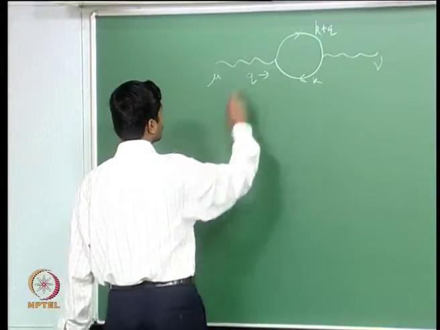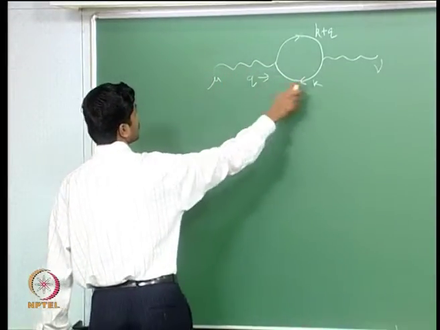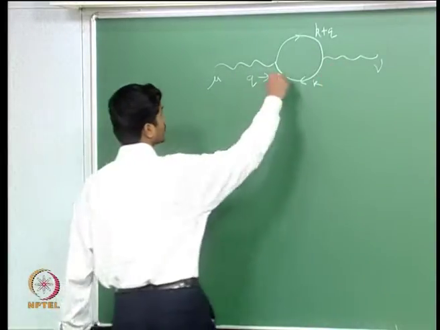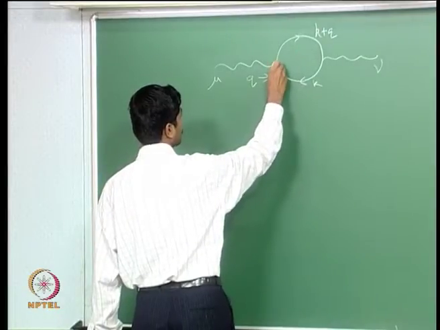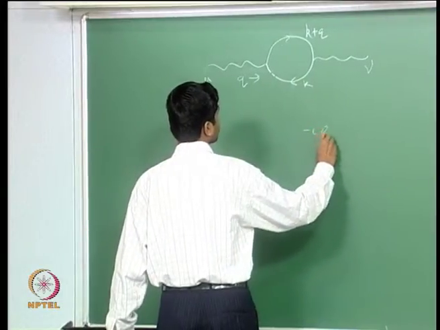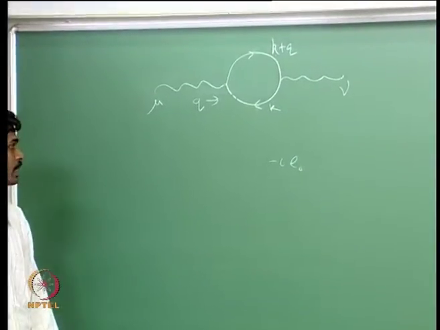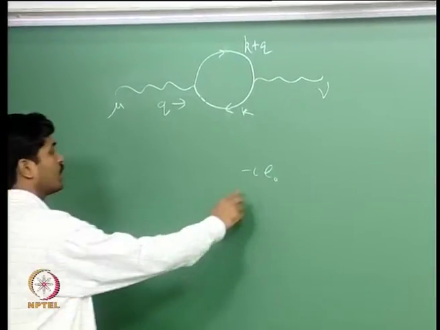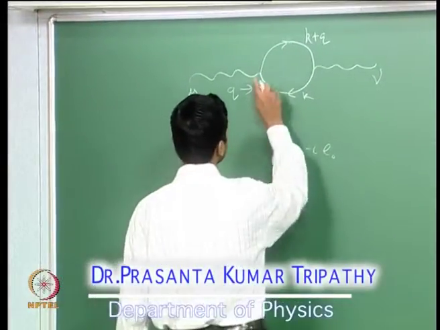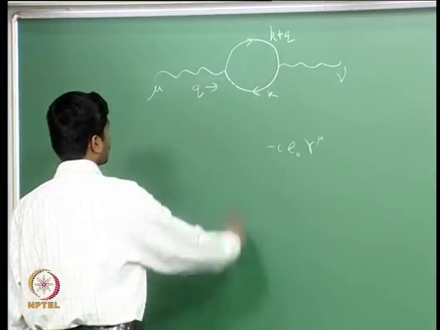So, we can use the Feynman rules. If we forget about these two photon propagators, then the contribution from this loop will be given by, first you have a vertex here, for which I will put minus i e0. In this lecture I will denote e0 to be the charge of the electron instead of e. At the end of this lecture you will see why e0 instead of e. So, you will have minus i e0 gamma mu for this vertex.